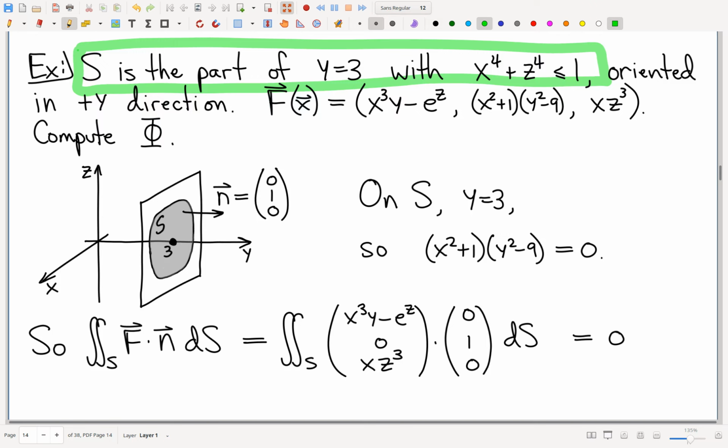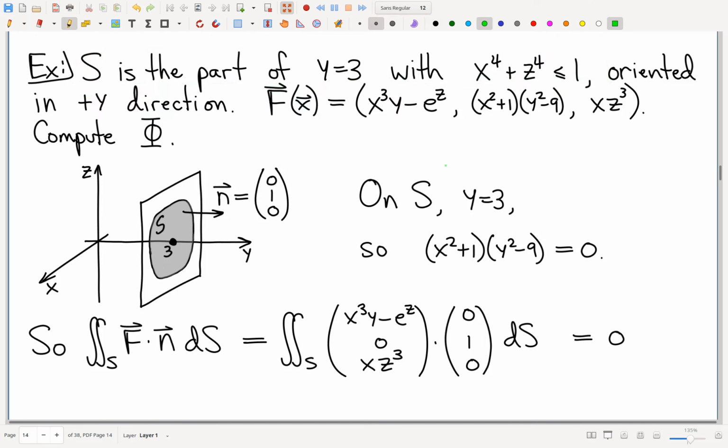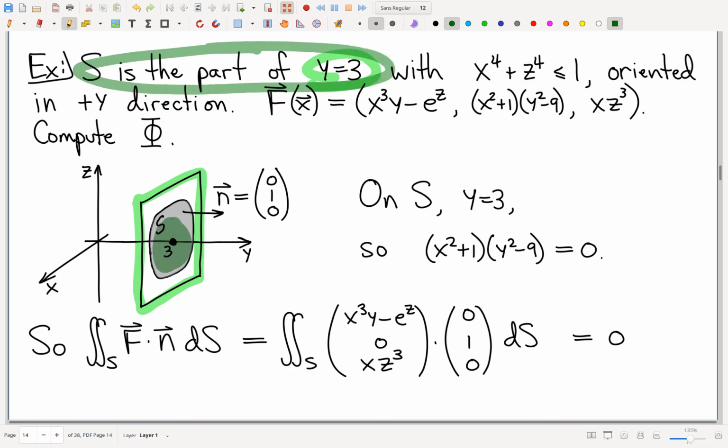So here's the much easier way to think about this. We're looking at this plane. Our surface is part of that plane. Being as our surface is part of that plane, every point in our surface has the feature that y is 3.